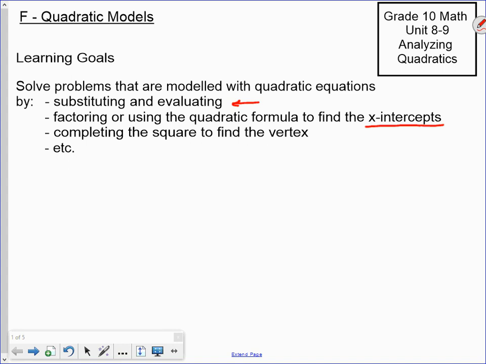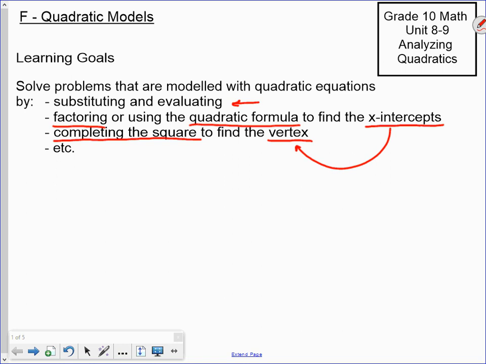So we're going to have to find those x-intercepts either by factoring or by using the quadratic formula. In other cases, the answer to our question is going to be represented by the vertex of the parabola. So we're going to have to find the vertex by completing the square, or we could find the x-intercepts and then use the x-intercepts to find the vertex.